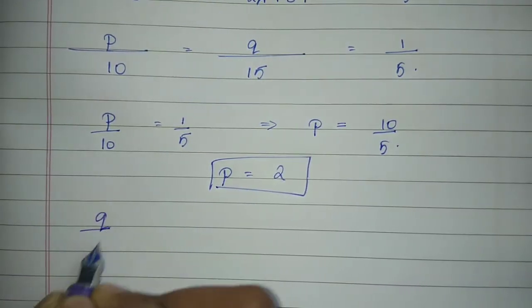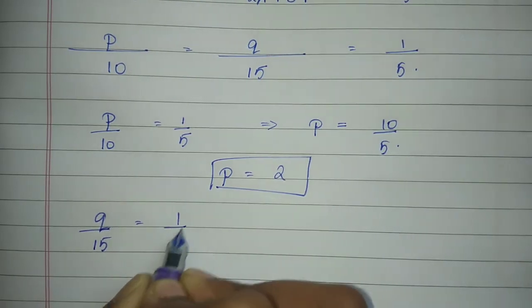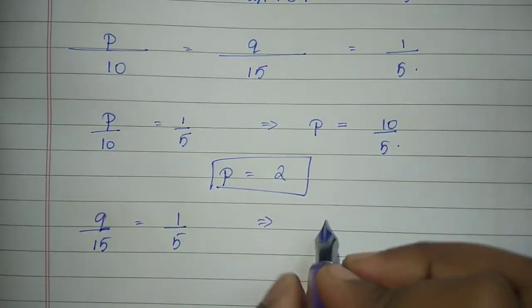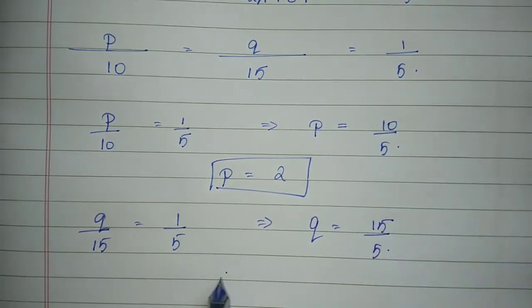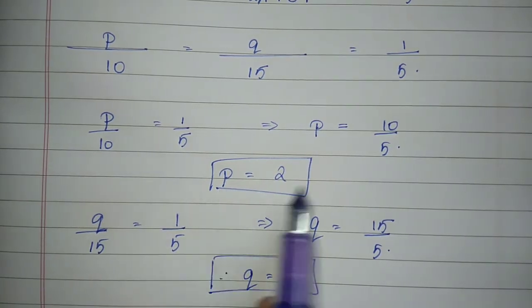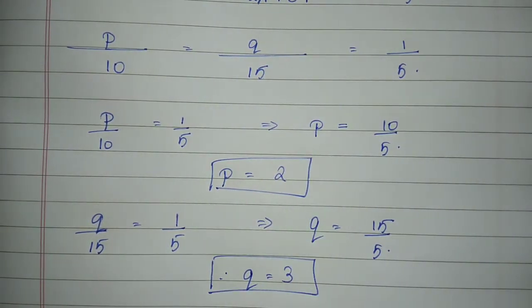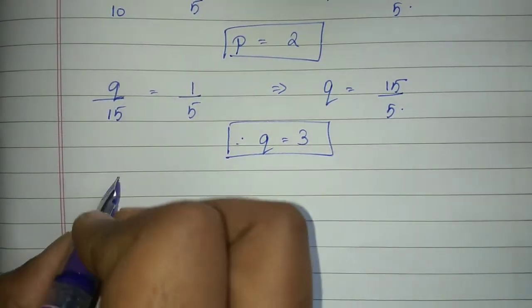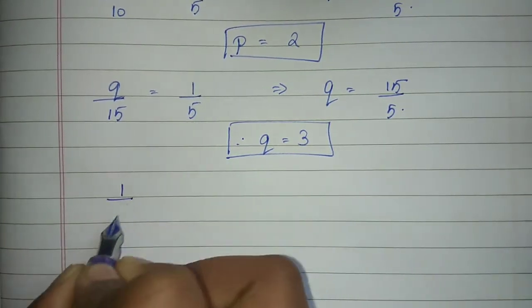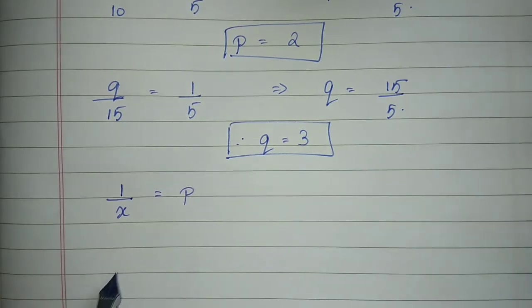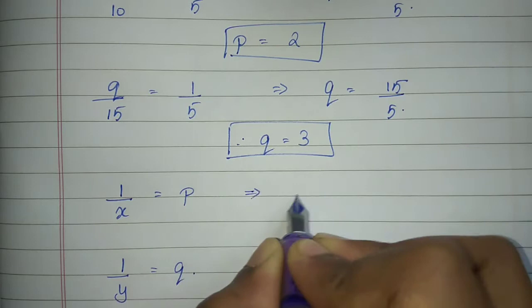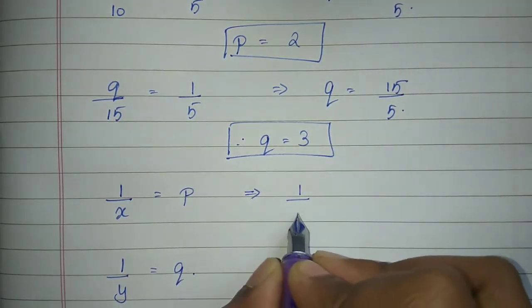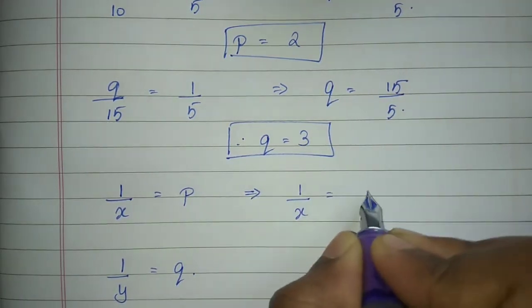And Q by 15 is equal to 1 by 5. This implies Q is equal to 15 by 5. So therefore Q is equal to 3. So P is equal to 2 and Q is equal to 3. So in the beginning of the question, we substituted 1 by X is equal to P and 1 by Y is equal to Q. So therefore 1 by X is equal to, what is P?